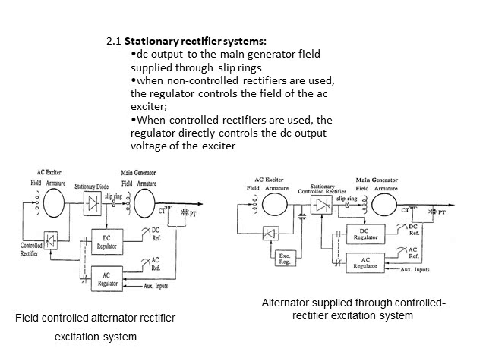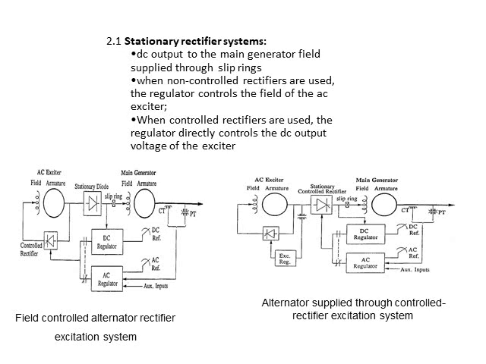So you should be able to note the difference between when non-controlled rectifiers are used and when controlled rectifiers are used. When controlled rectifiers are used, the regulator directly controls the DC output voltage of the exciter. So that is the difference between the two.